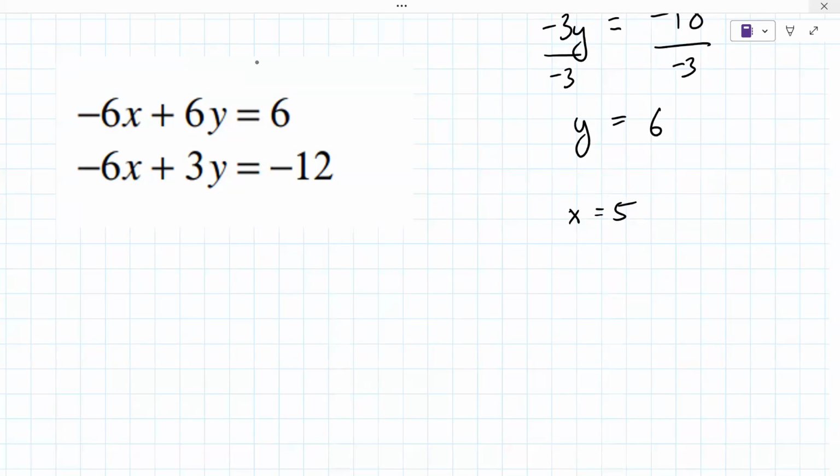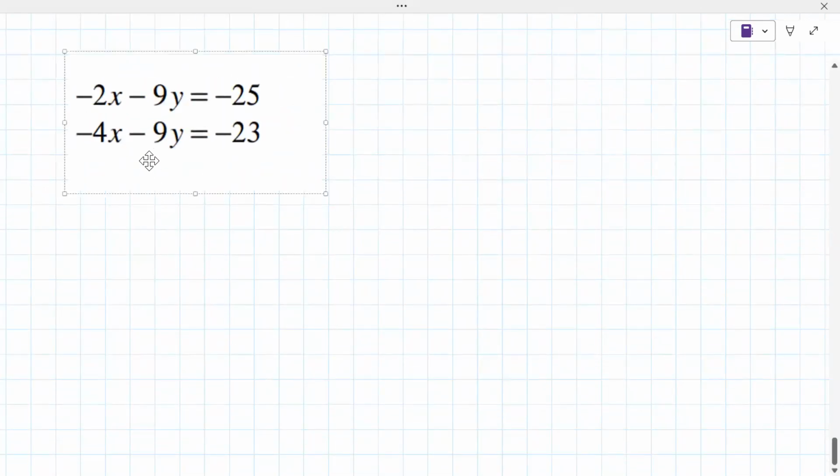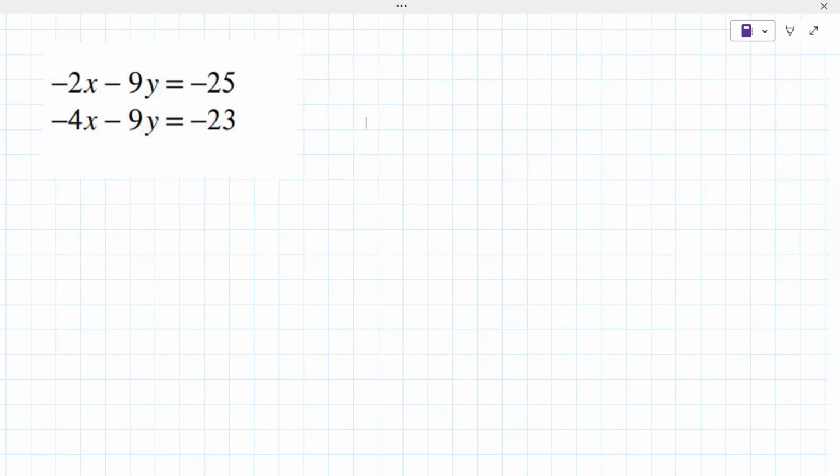All right, good job. We don't have a ton of time here, but I'm going to pose one more problem and see if you can solve for one variable or the other using elimination. Go ahead and try solving that. Let me know what you come up with for x or y, whichever variable you end up eliminating.